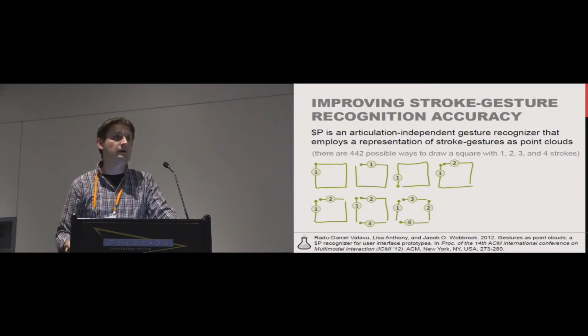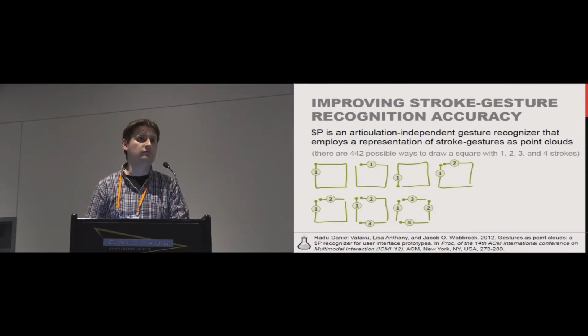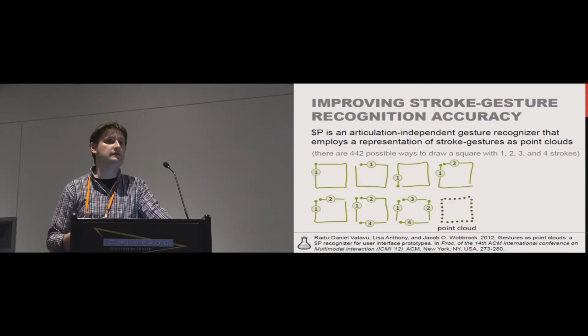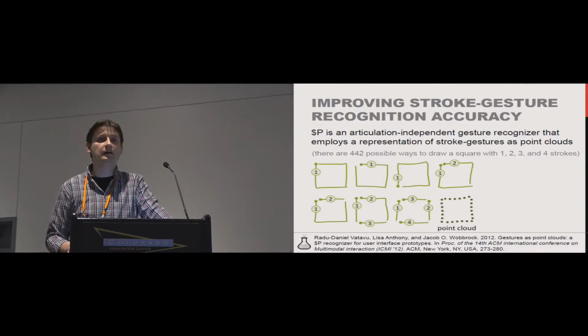For some multi-stroke gestures, there are a lot of different ways in which those gestures can be articulated. For instance, for a simple square, there are over 400 possible ways to produce it with 1, 2, 3, and 4 strokes. And the P-dollar recognizer uses a representation of point clouds in order to address this problem, because a point cloud is representative for all the possible ways to produce the square in this case.